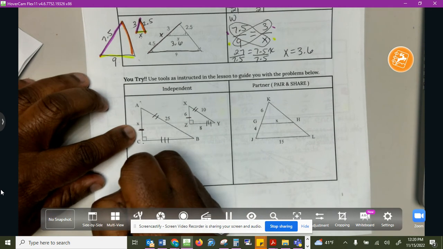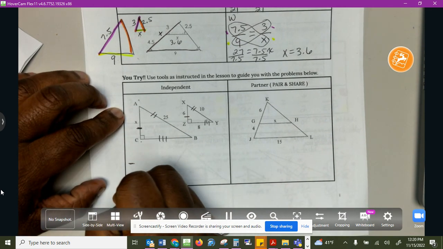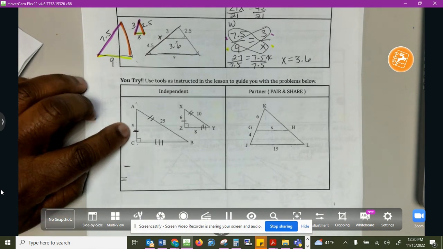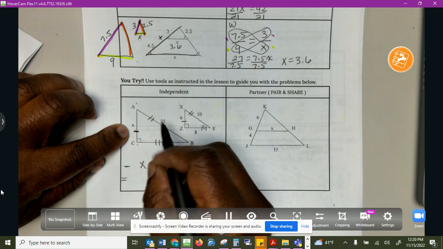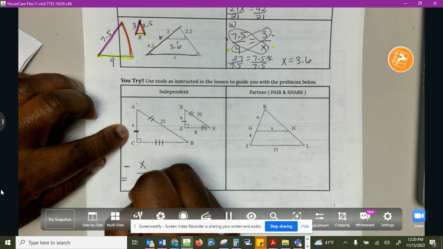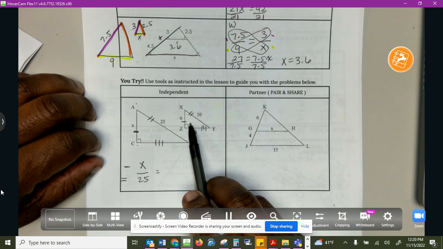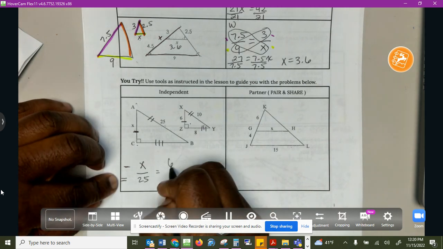So this time I'm going to use this over the double line. So a single line over the double line. So the single line will be x over 25. And then on the next one, I'm going to do single line over double line. So it'll be 6 over 10.